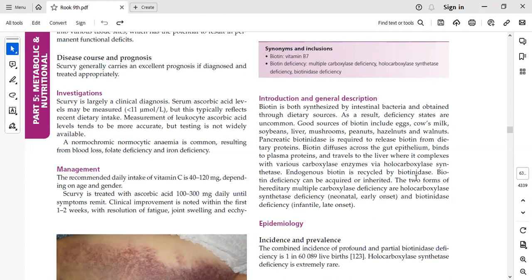The purpose of mentioning this cycle is to tell you that whenever there is deficiency of biotin, it's either acquired because of deficiency at the dietary level, or it's congenital or inherited because of deficiency of these two enzymes, which is biotinidase and holocarboxylase synthetase.